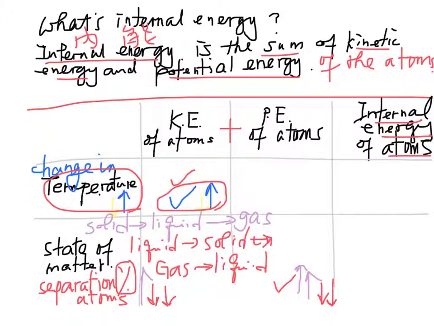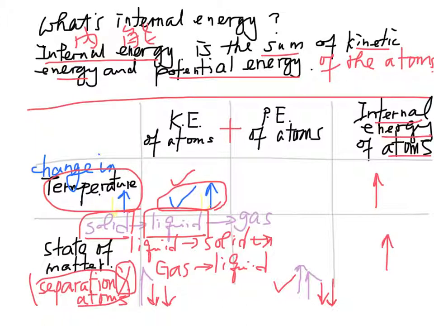Hence the internal energy of atoms will also increase. When the substance changes from solid state to liquid state, the separation between the atoms will increase. Therefore, the internal energy of atoms will also increase.